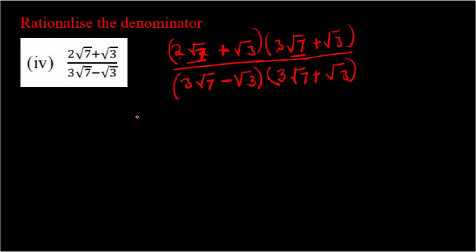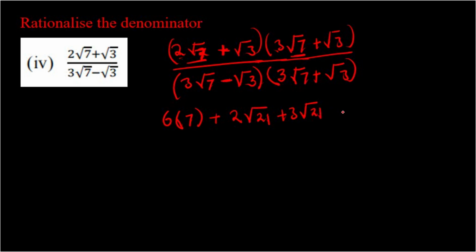So 2 times 3 is 6. Then inside times inside, you have 49. What is the square root of 49? It's 7, so that is just 7. Plus this times that, meaning now it will be 2 times 7 times 3, which is 21.